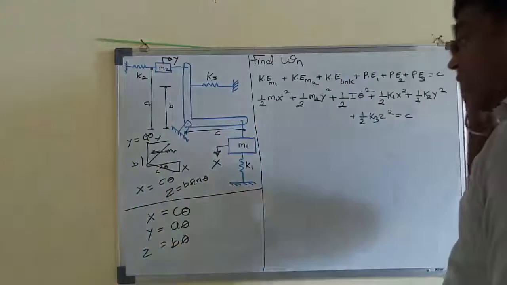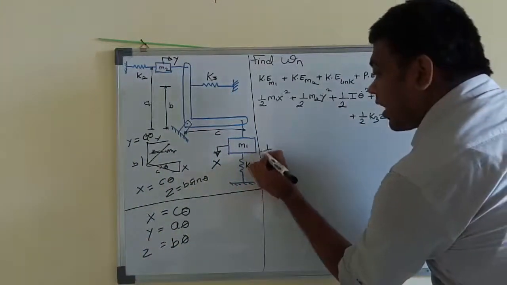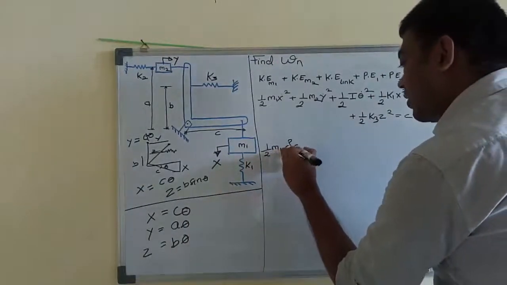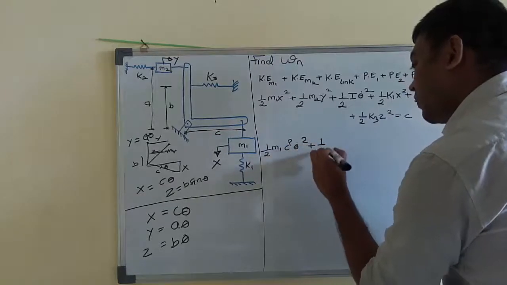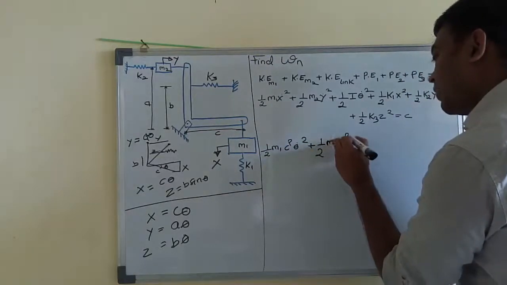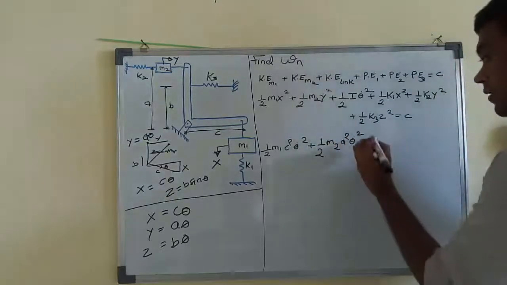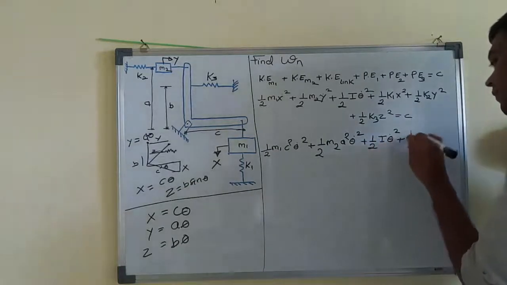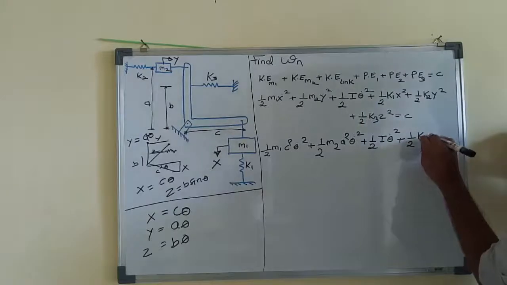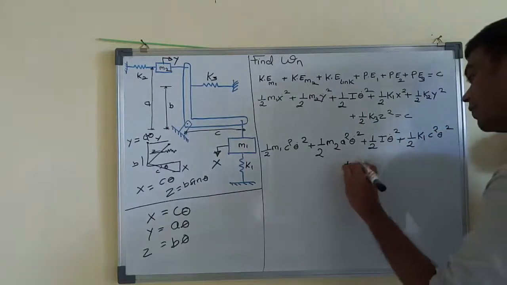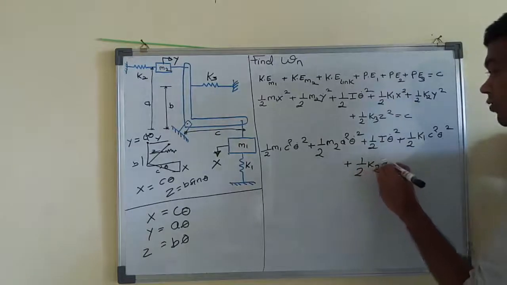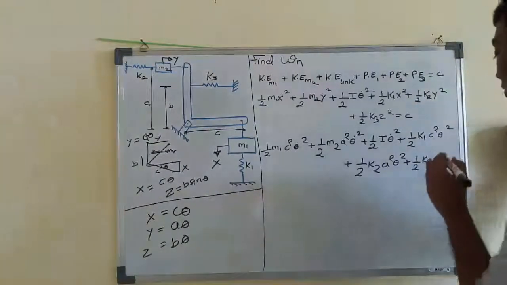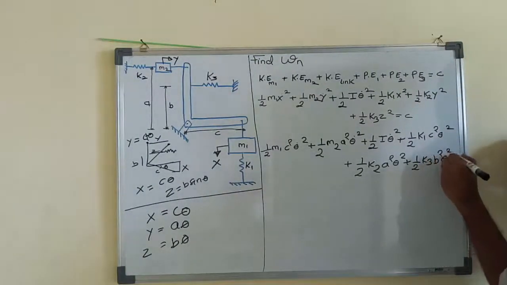Now we will substitute the values. What we will get: half m1 c square theta dot square plus half m2 a square theta dot square plus half I theta dot square plus half k1 c square theta square plus half k2 a square theta square plus half k3 b square theta square equals constant.